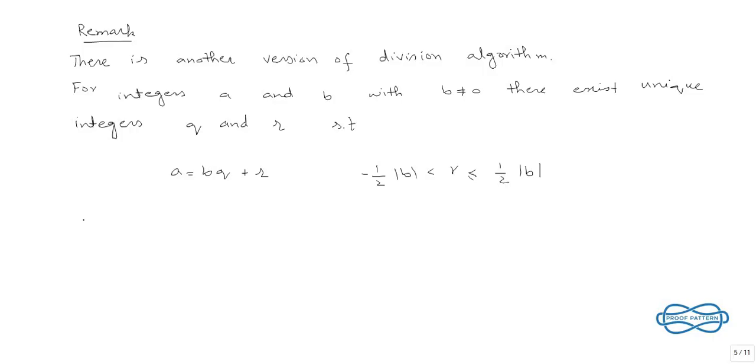Okay, for example, if a is 11 and b is 4, so we can have 11 is equal to 2 times 4 plus 3.